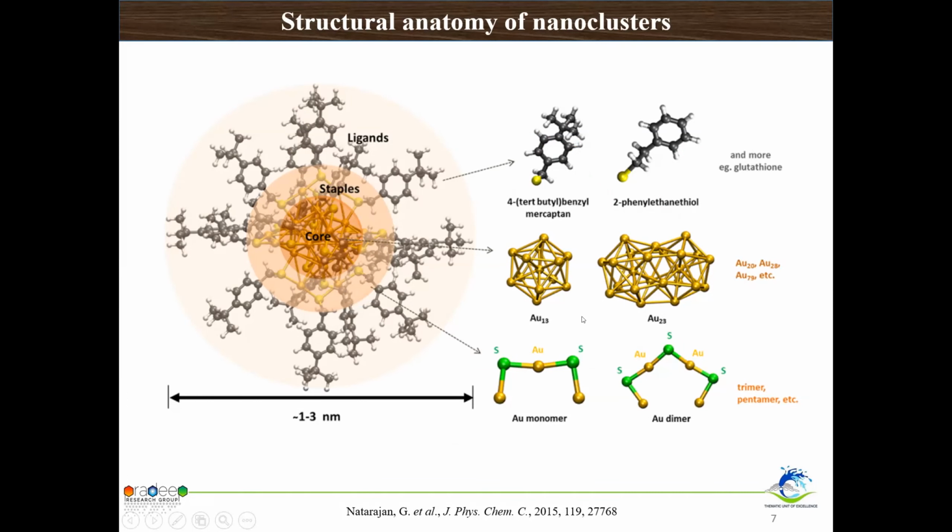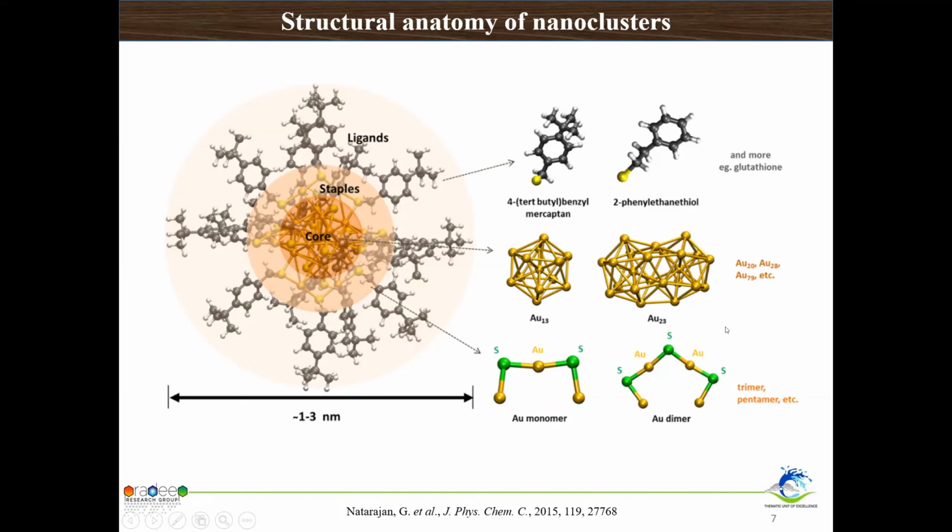These metal cores can be single crystalline, such as FCC, BCC, or HCP, etc. And it can also be icosahedral, bi-icosahedral, and decahedral structure. Similarly, the outer staple can be monomeric, dimeric, or polymeric.